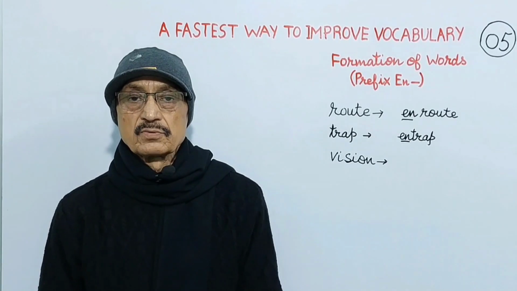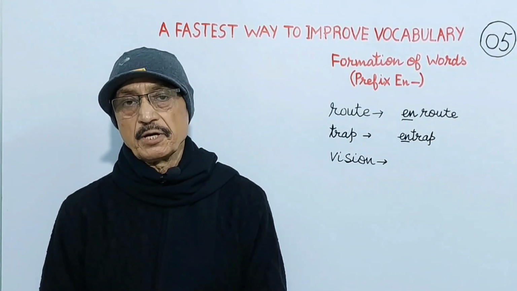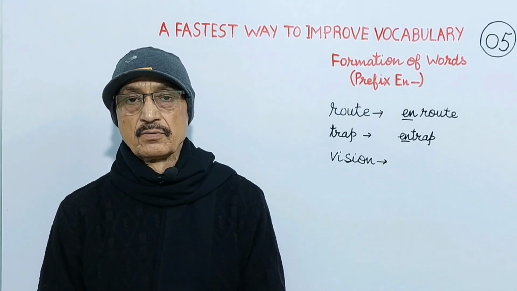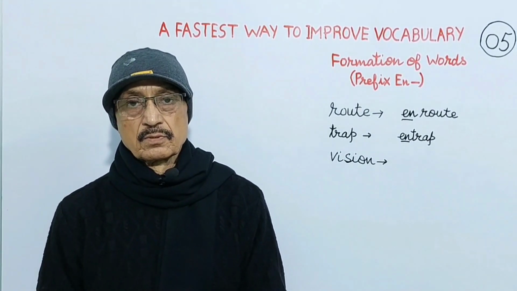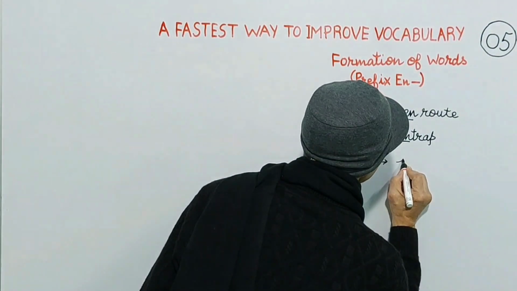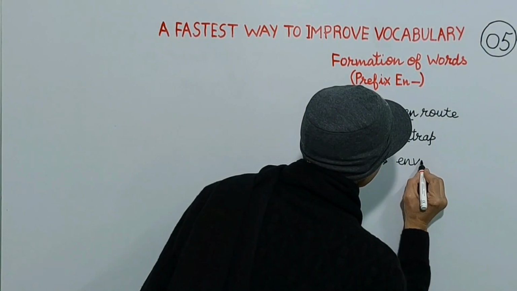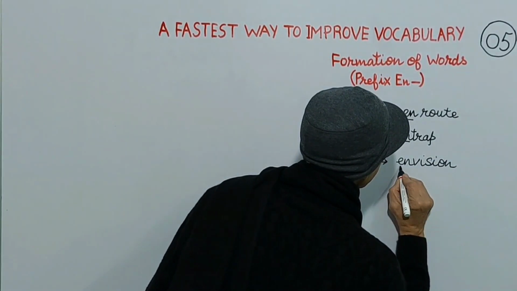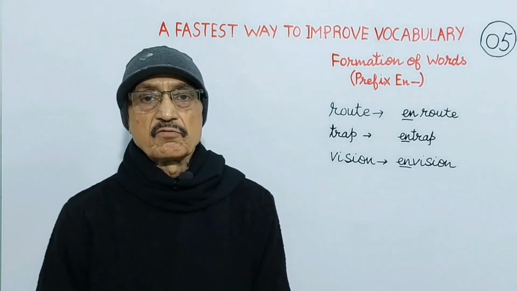Next is vision. Vision. This is a noun. It means dream. When we take prefix en before it, it becomes a verb, envision. Envision.